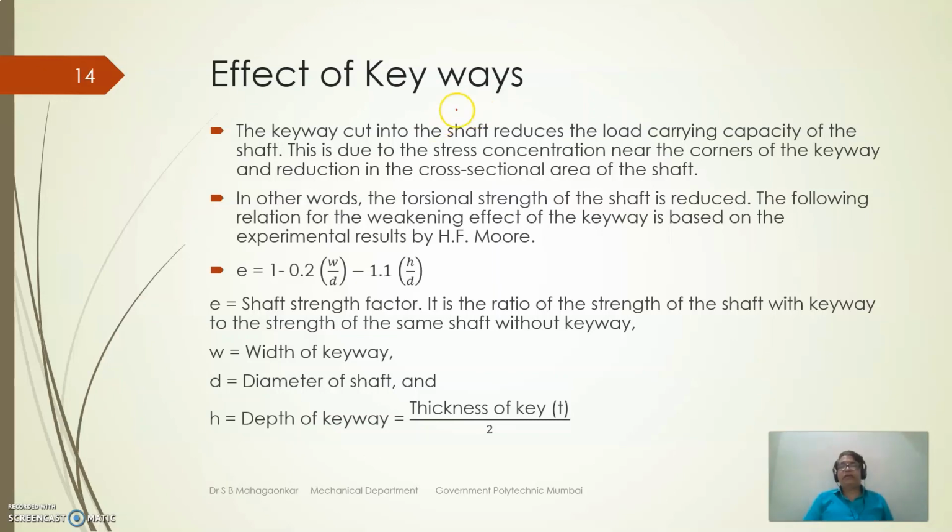If the shaft is here, this recess has width W and depth H, or T upon 2. If T is the thickness, one half portion will be in the hub and half portion in the shaft, so that's why it is T by 2. Using that value we can get E, the effect of keyway.